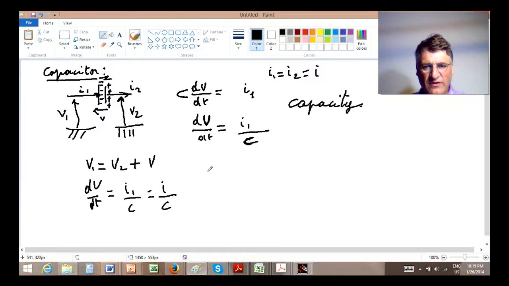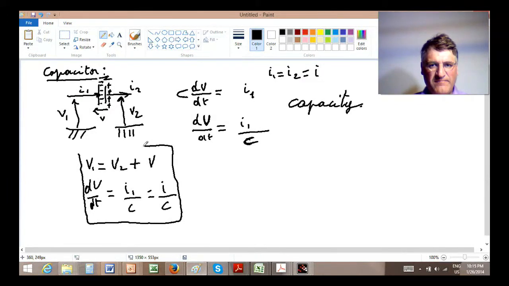So we can write this as the equations that drive a capacitor.